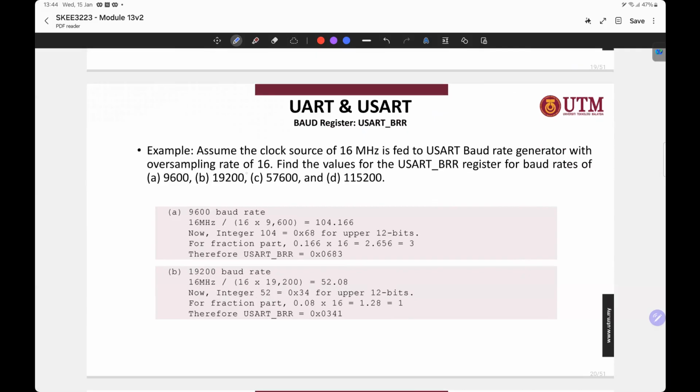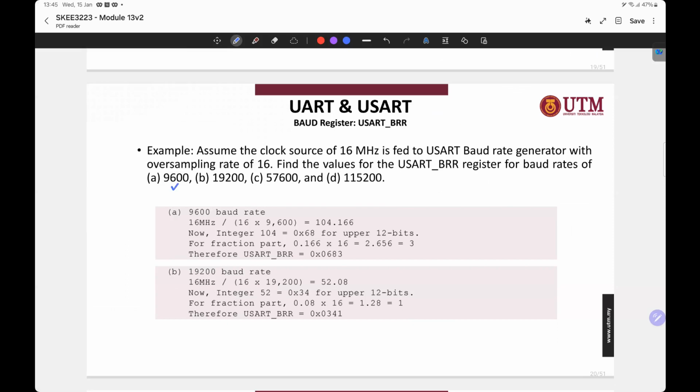Next, find the value for the USART BRR register for the baud rates of 9,600, 19,200, 57,600, and 115,200.